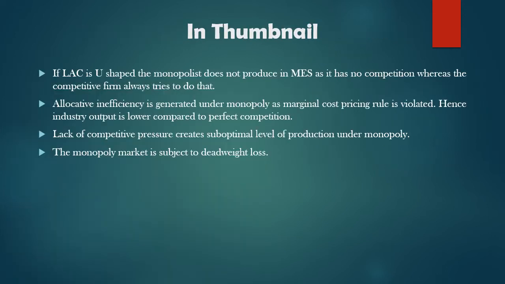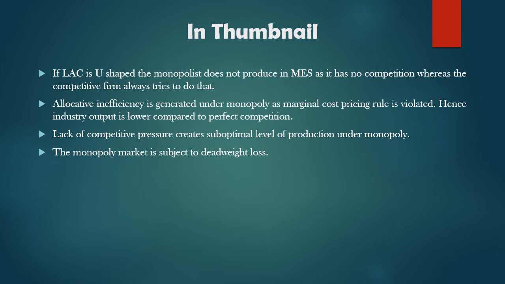So now we see in a case of monopoly, we have already considered the case of a linear long run average cost curve. But if we consider that the long run average cost curve is U-shaped, that means it is first diminishing, reaches its minimum point and again increasing. Normally it is found that the long run equilibrium of a monopolist is achieved at the downward sloping part of the long run average cost curve, because the equilibrium condition of a monopolist, even in the long run, is the equality of long run marginal cost curve and marginal revenue curve.